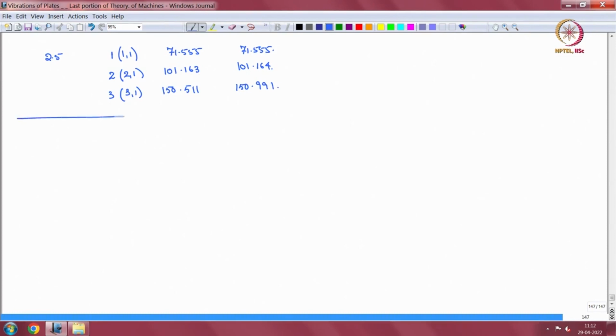Then let us say we consider a clamped plate on all sides. Then the root lambda parameter for alpha 1, first mode 1,1 is 35.988, and 35.9855.